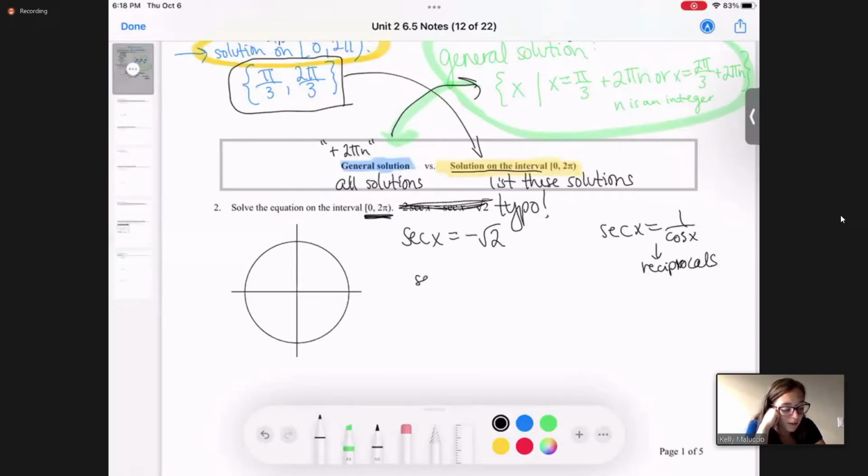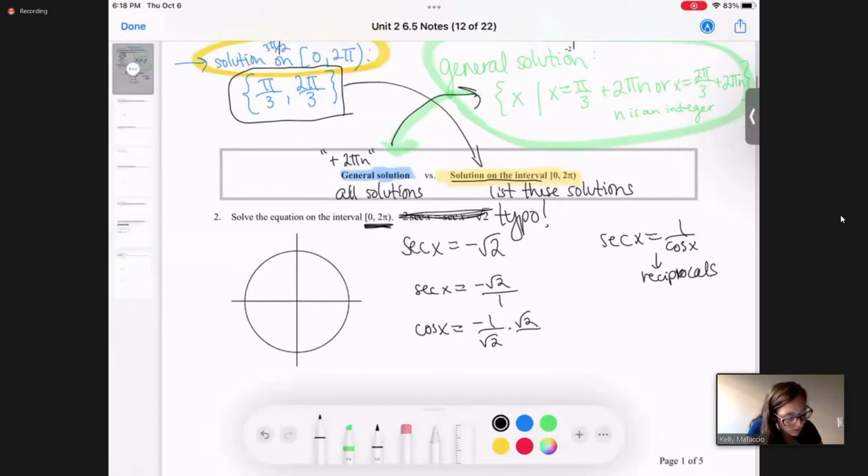If secant x is negative square root 2 over 1, I can just flip it to get cosine x is negative 1 over square root of 2. Then I can rationalize, so I get negative square root 2 over 2.